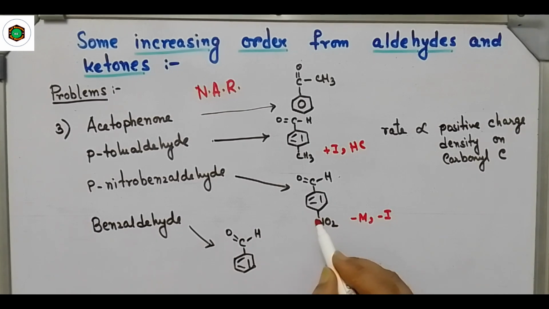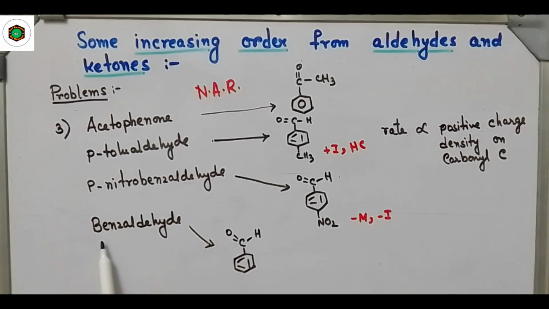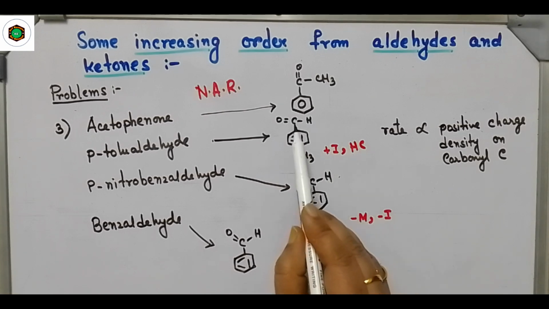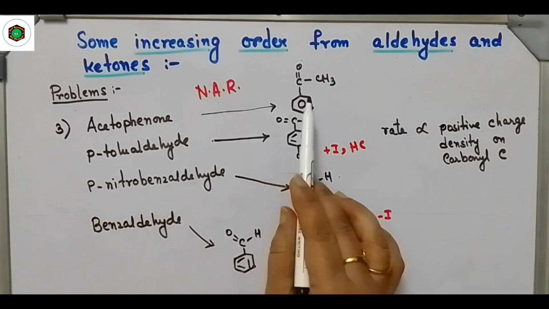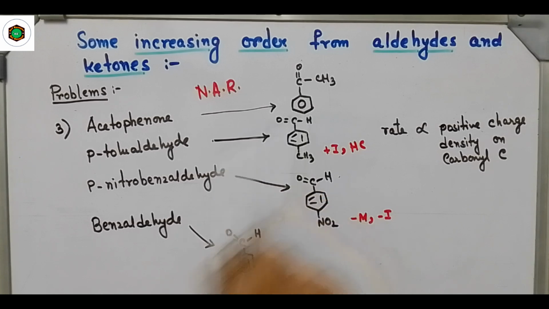Now this, due to this electron withdrawing nitro group, it will abstract electron density and this carbonyl carbon will become much more positively charged. So for this one rate is highest. Then benzaldehyde. Then here para-tolualdehyde, because due to +I and positive hyperconjugative effect, positive charge density is decreasing here, so rate will be decreased. So since it is ketone, so here for acetophenone rate is slowest.